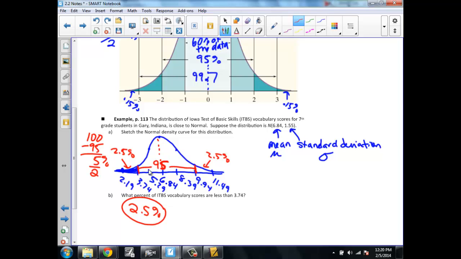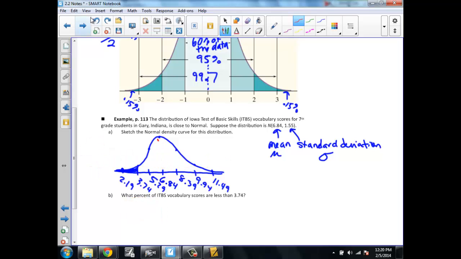What percent of the scores are between 5.29 and 9.94? I am going to undo this to get it out of here. Let me go even a step back. Between 5.29 and 9.94, I'm interested in this in here.